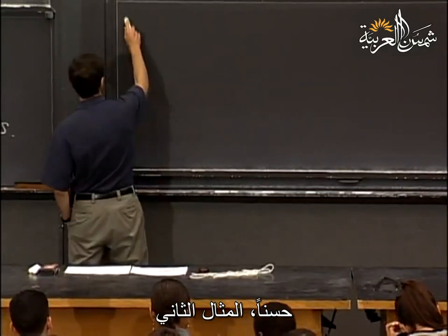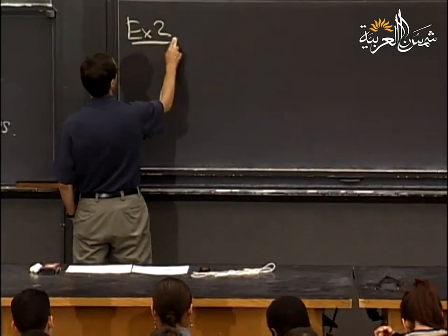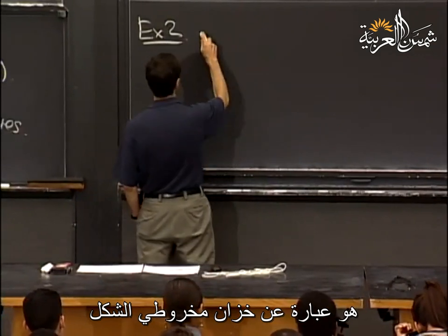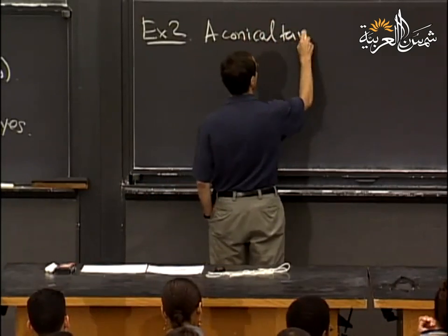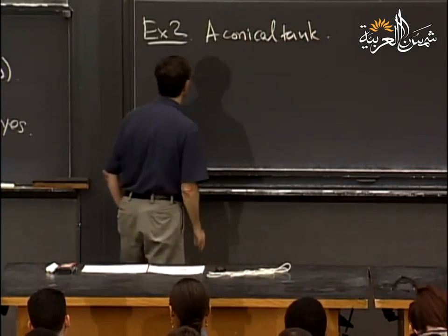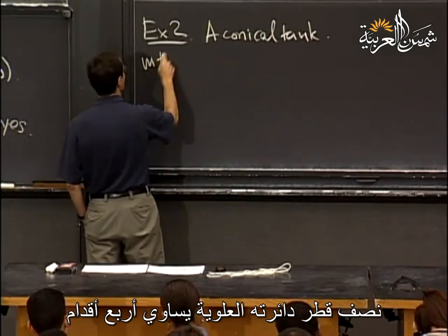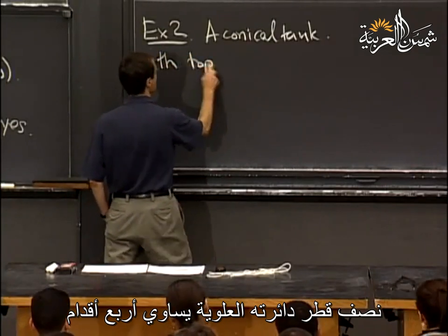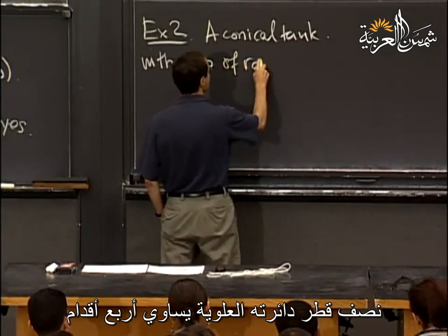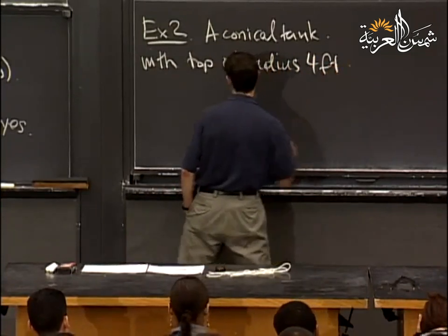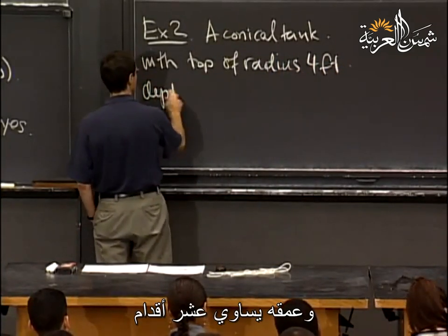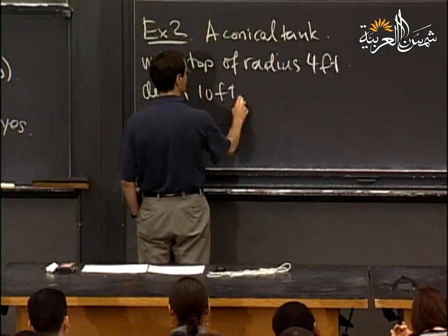So my second example is going to be, you have a conical tank, with top of radius 4 feet, let's say, and depth 10 feet.